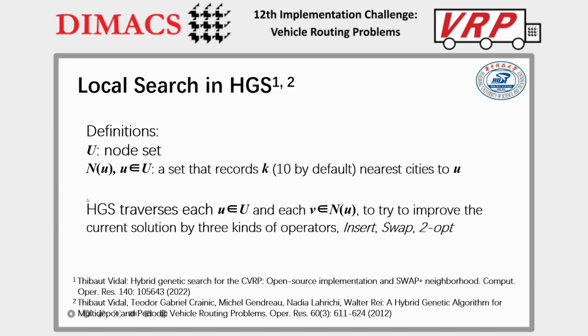Now, let me summarize the local search operators in HGS as follows. That is, HGS traverses each city U belonging to the node set U and each city V belonging to NU to try to improve the current solution by three kinds of operators. They are insert, swap, and 2-opt.